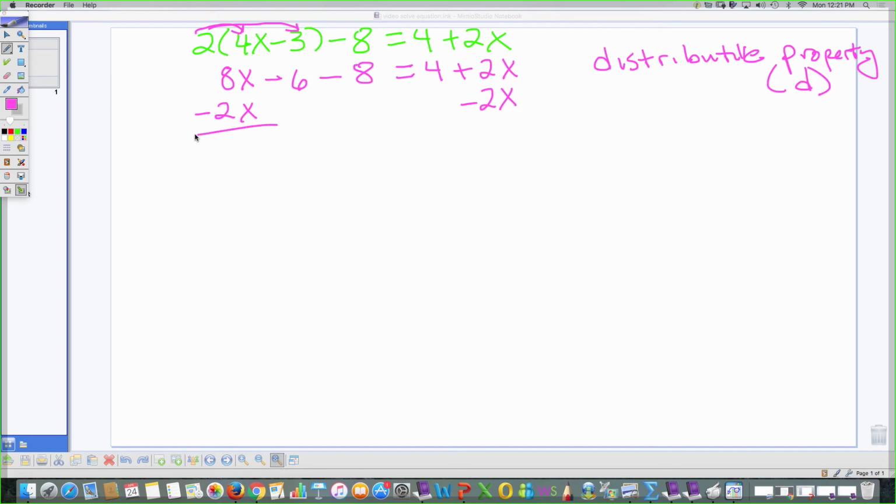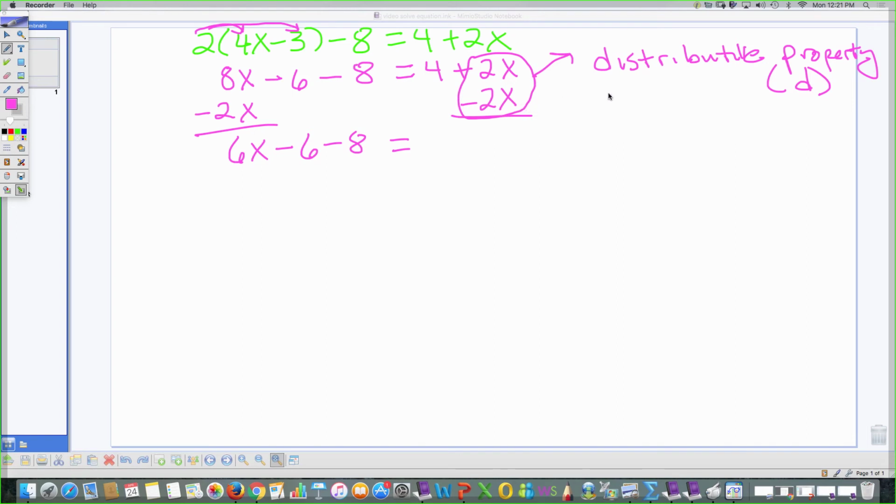So we're removing matching tiles. And here, 8x minus 2x would be 6x. And then I'm bringing the rest of the problem with me carefully, keeping all the signs. And over here, 2x minus 2x equals 0. So I can take that away.